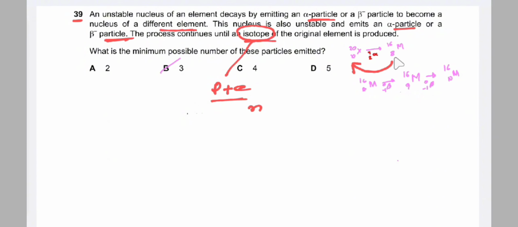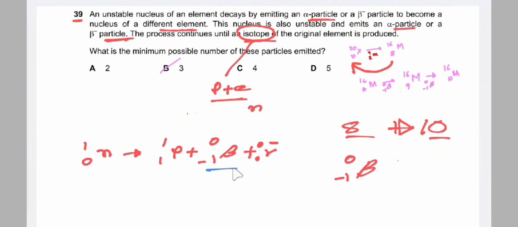To return the proton number from 8 to 10, we must lose 2 beta particles. As a beta minus particle is emitted, a proton is produced.